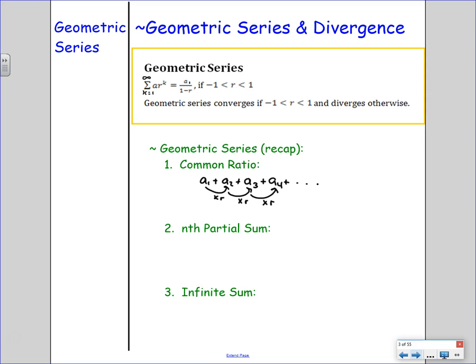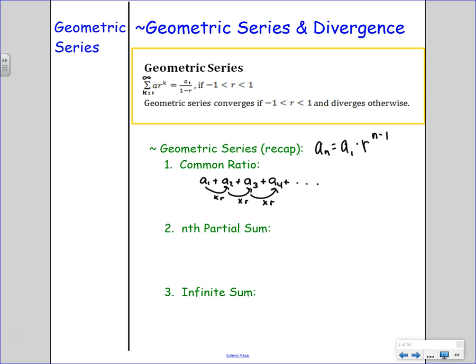The nth partial sum. We talked about how for a geometric series, the nth term is equal to a sub 1 times r to the n minus 1. We talked about the nth term. We did not talk about the nth partial sum.